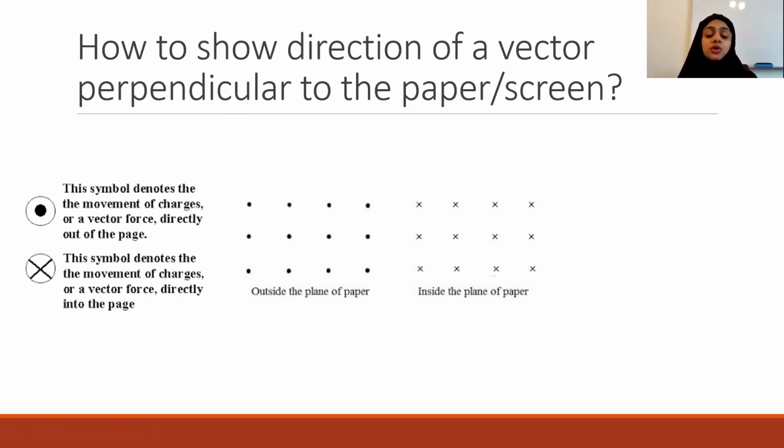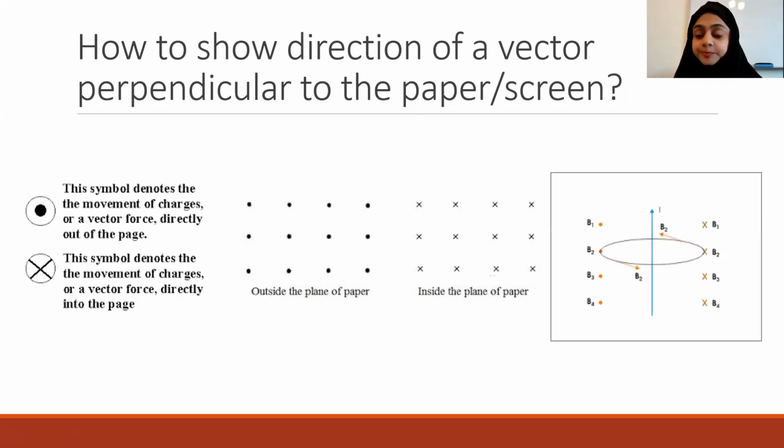So you have to know these symbols which are usually used in physics to show any vector which is directed perpendicular to the paper or screen. Now here I have shown you an example. We already know that a current carrying wire will produce a magnetic field.